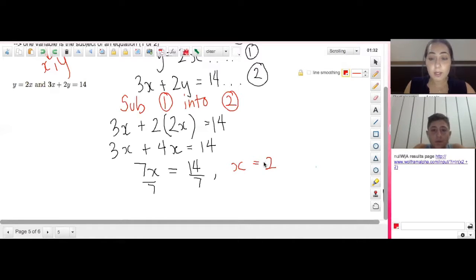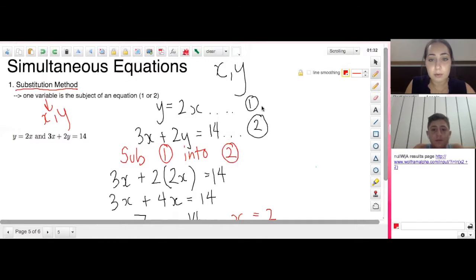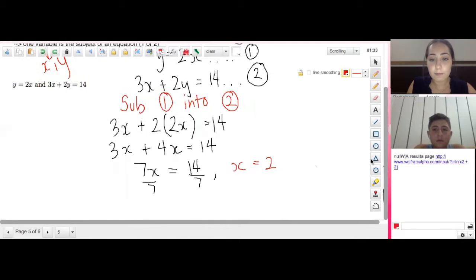So now that we have solved the value of x, we now need to find the value of y. In order to do that, we go back to our initial equations, equation 1 and 2, and we're going to choose equation 1 to find the value of y, simply because it is in the simplest form. So the next thing we do is we sub x equals 2 into 1.